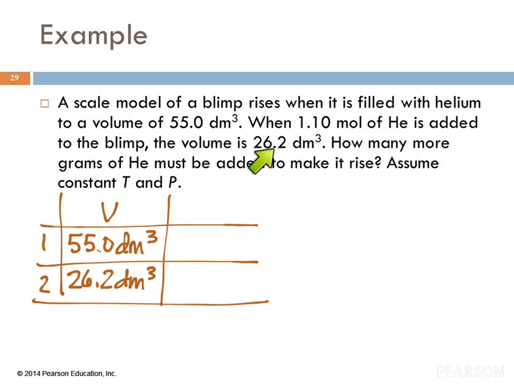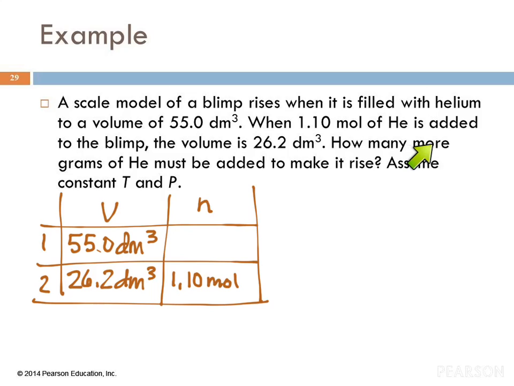No. When 1.1 mole of helium is added to the blimp, so this must be that we partially filled up the blimp, right? We put some gas in, but it's not enough to float yet. So this 1.1 moles of helium must go with this smaller volume, 1.10 moles. So that's N.